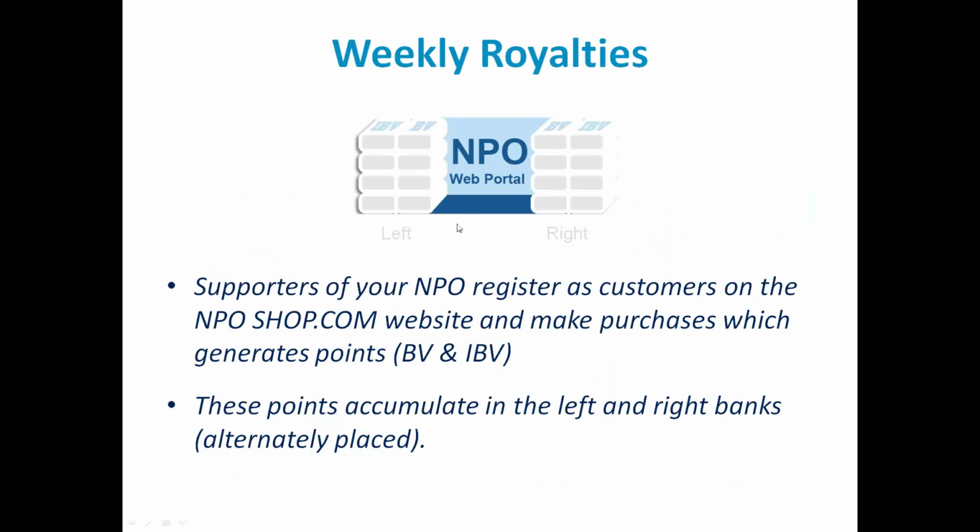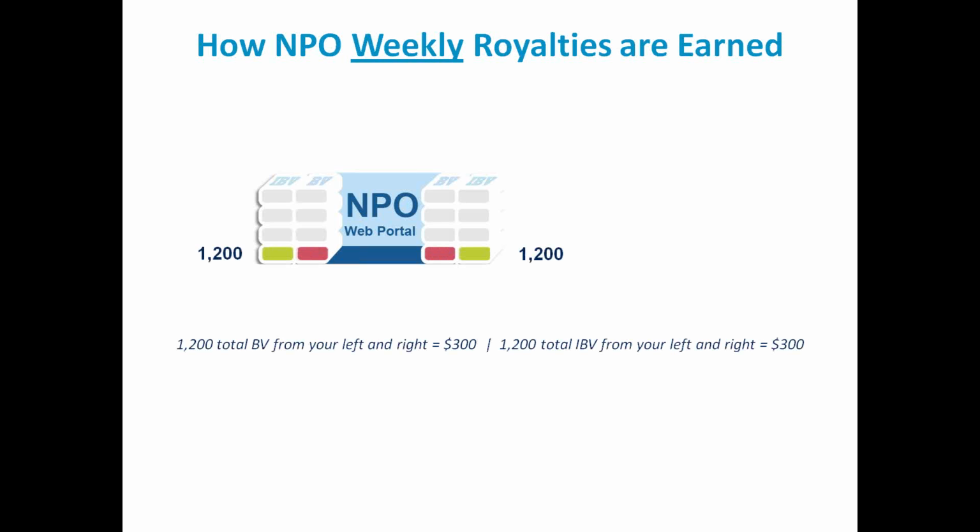Okay, you have a left and a right bank in your portal. Supporters of your nonprofit organization register as customers on the shop.com/yournonprofit website and make purchases which generate points. Remember, the BV and IBV, these points accumulate in the left and right banks alternately placed as your supporters purchase.